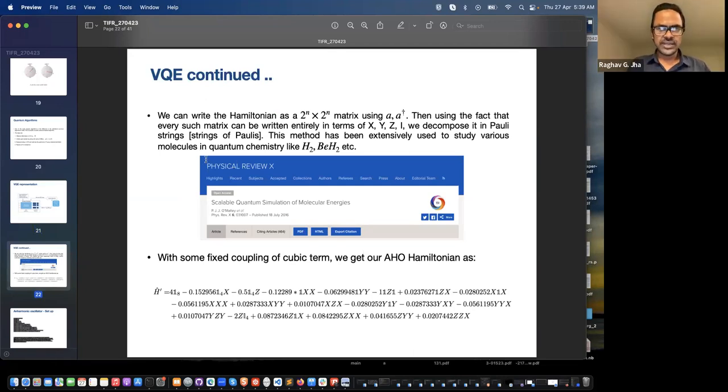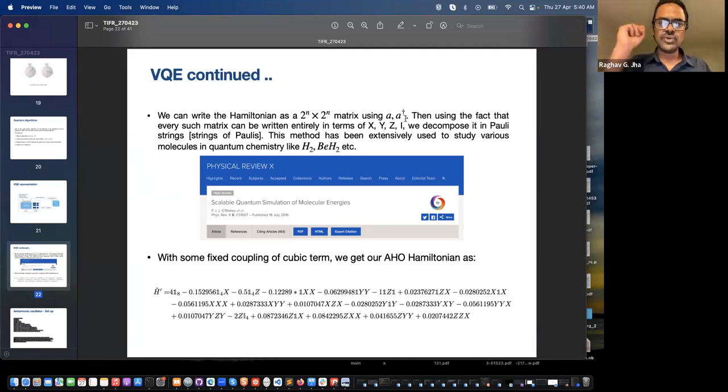Okay, so we need a qubit Hamiltonian. If we are going to do some examples, let's do a harmonic oscillator. We can rewrite the Hamiltonian of a harmonic oscillator with some cubic coupling, using a and a daggers and x in the energy representation.